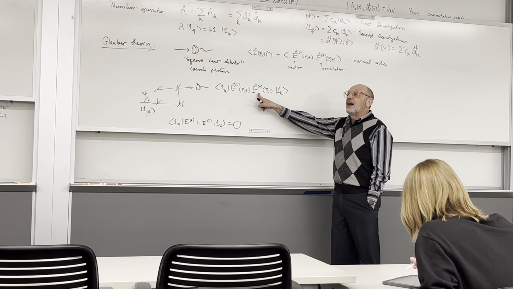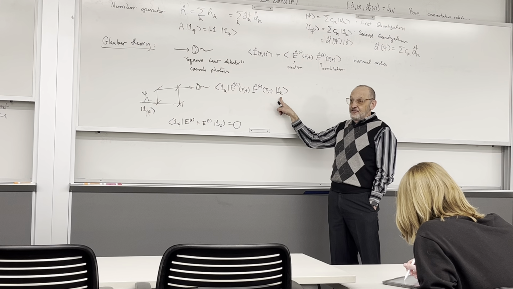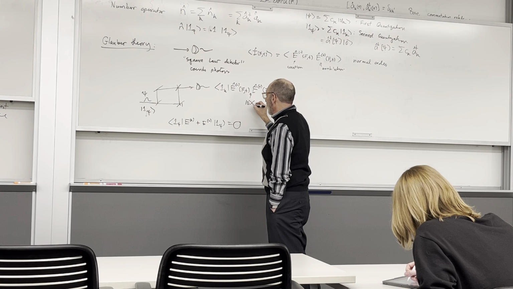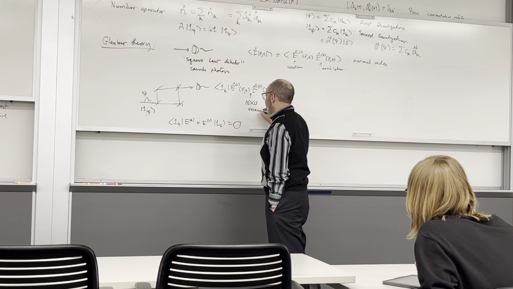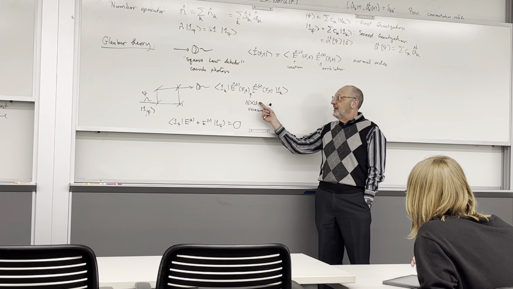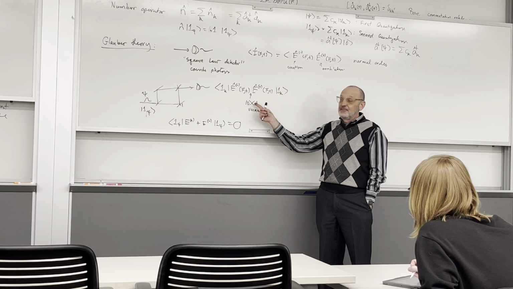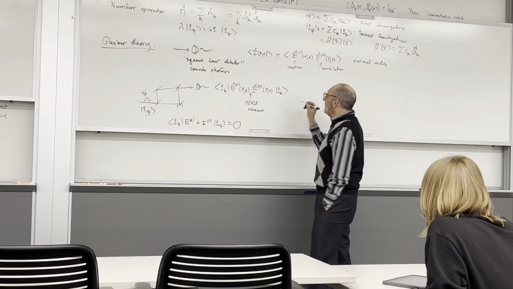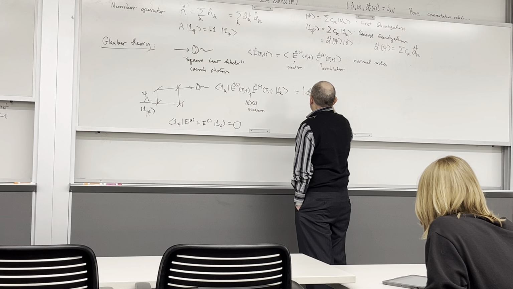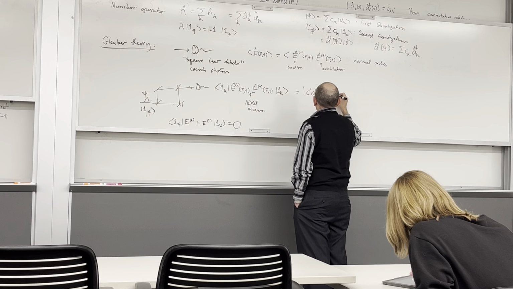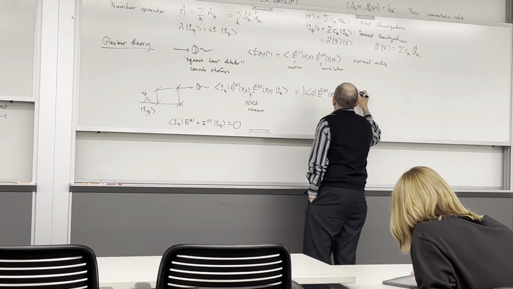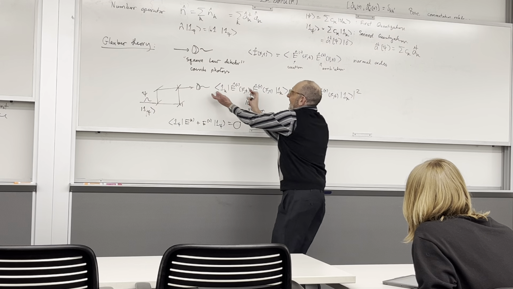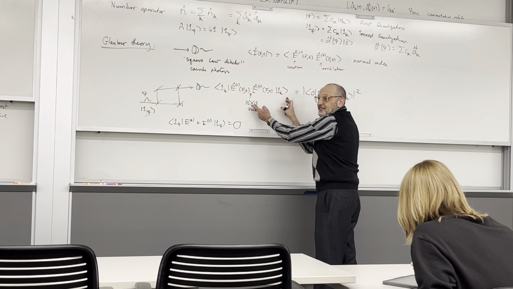Since this guy annihilates a photon from this, I can shove in a complete set, and the only thing that's going to remain is the vacuum. Because anything that had a different number of photons will be orthogonal to this. Okay? So this is equal to the square of that. Because this is the complex conjugate of this. Does everyone see that?